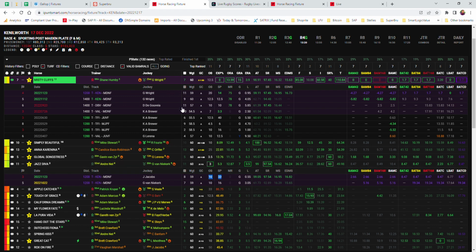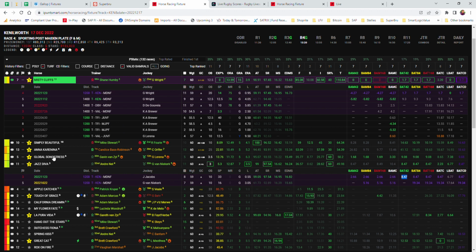With all of that being considered, the change of jockey, the change of the draw, the adjusted time, the lengths behind the winner, the previous draw versus the current draw, previous jockey versus current jockey, then the system says, okay, my bat figures look like 1.7 here on Mystic Cliffs and 8.47 lengths on Jazz Diva. So Mystic Cliffs may be a decent enough each way play.